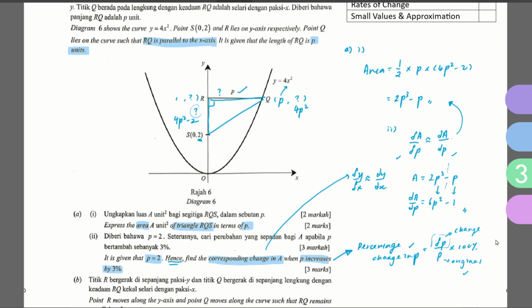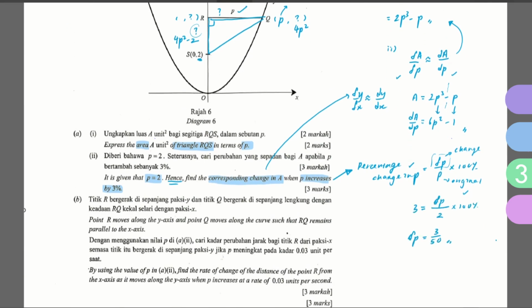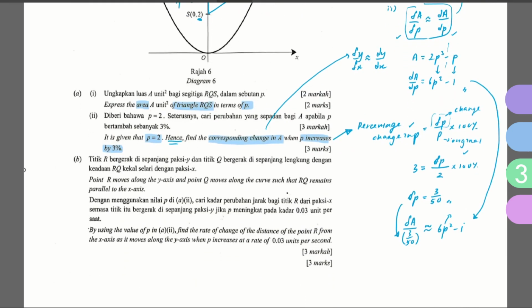So we can just sub the value inside, which delta p is 3 over 50. Now we can sub these two pieces of information into the original equation. For the p, we need to sub the original value, which is 2 in this case. So our answer means if we increase p by 3%, our area will increase 1.38 cm squared.